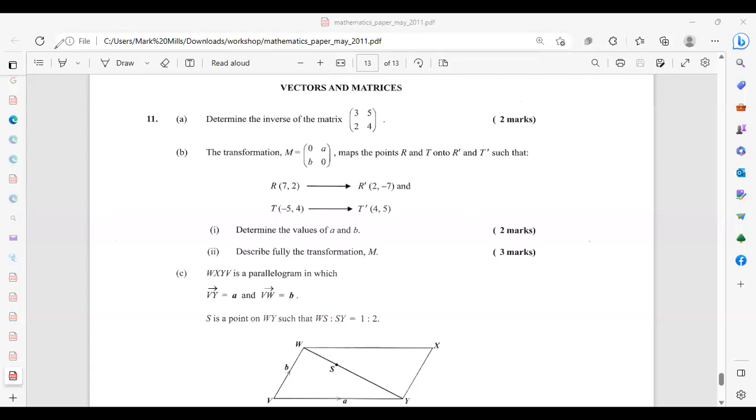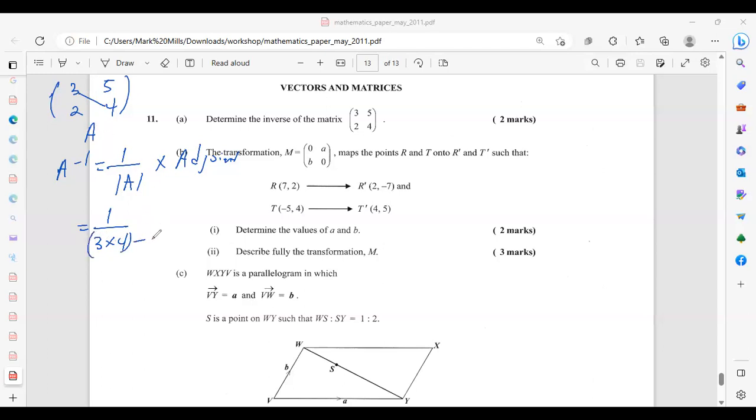So here we are given 3, 5, 2, 4. Right. So if, let's say this is A, even for the inverse of a matrix, it would have been A inverse is equal to 1 over the determinant of A times the adjoint of A. So it would have been 1 over the determinant, you multiply the 4 times the 3 minus 2 times the 5.